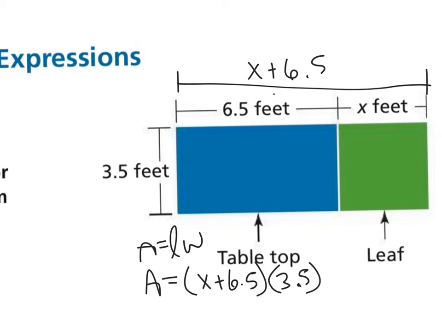If we did the 3.5 times 6.5, if you multiply those together, you will get 22.75. So basically 22.75 square feet. That represented, like the book says, the area of the original table.